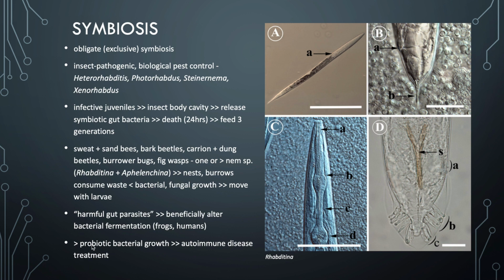And they actually increase the growth of probiotic bacteria. And this has been revealed to be a great autoimmune disease treatment of many gut conditions. So this is quite interesting. Just a really lovely way to see how these organisms have adapted to the various animals they live in and the various relationships that they might have with other animals.